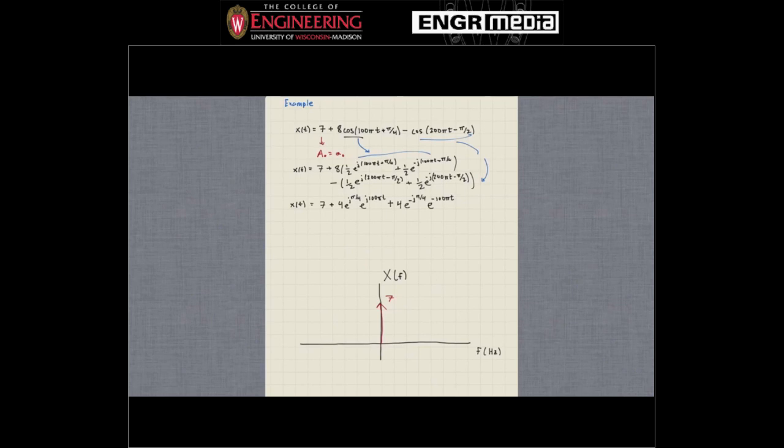And then down on the bottom, we're just going to have minus 1/2 e to the j 200 pi t.